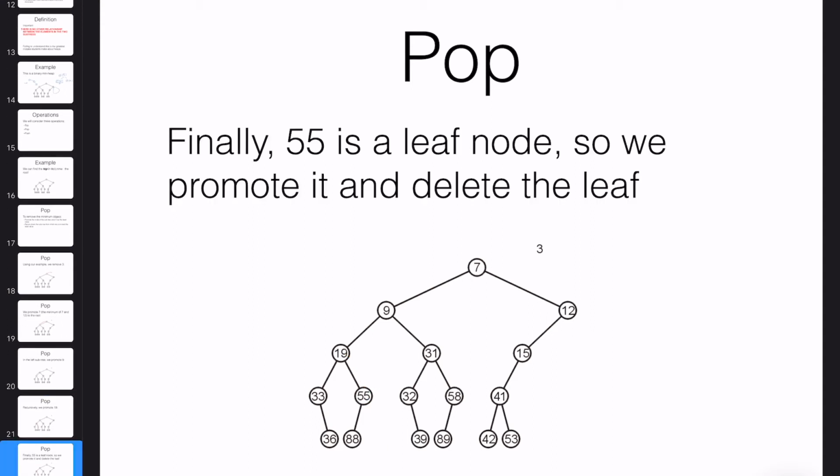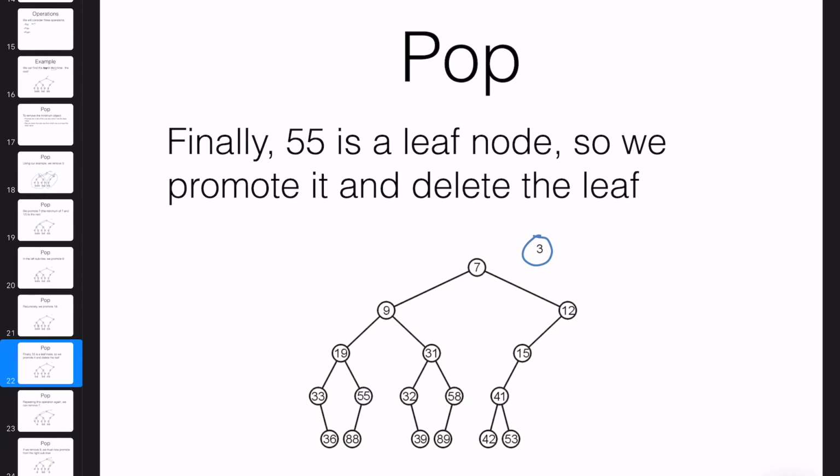And you see that the previous position of 55 is a leaf node, right? So you remove the leaf node without any issue. The whole tree is going to be a min heap, a binary heap. And then at the end you just return the value of the root that you had kept.